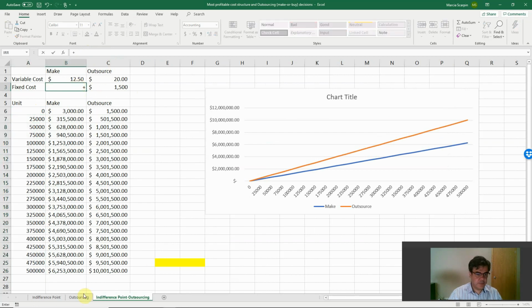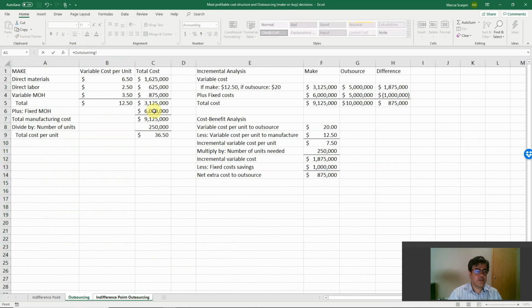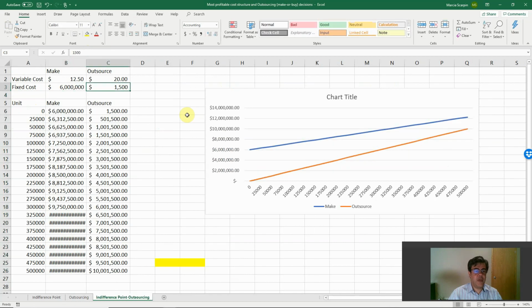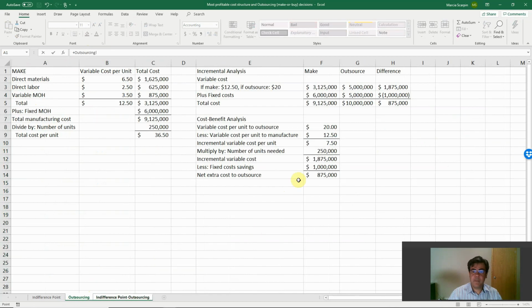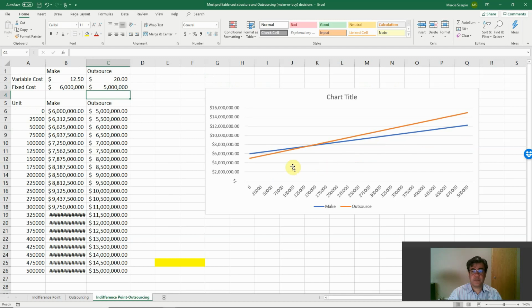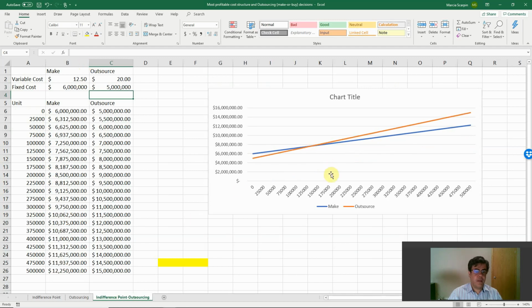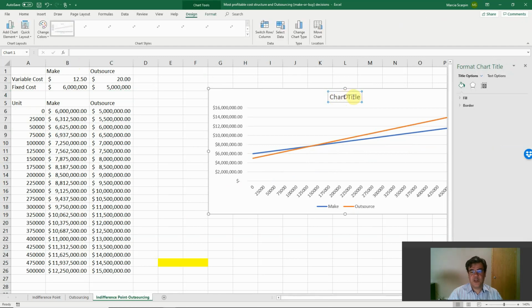Fixed costs, it is 6 million to make or 5 million to outsource. Here is our indifference point. Here, let's create a chart here, chart title here. Indifference point.